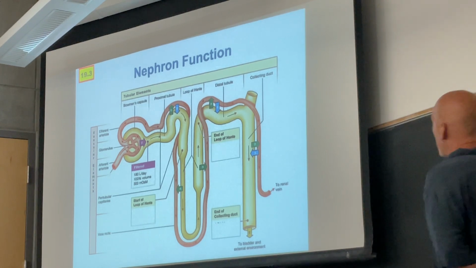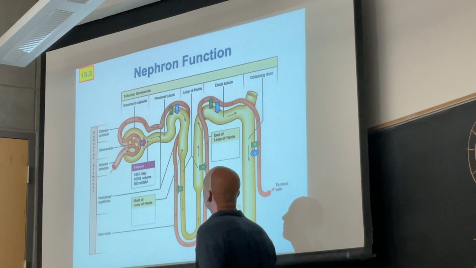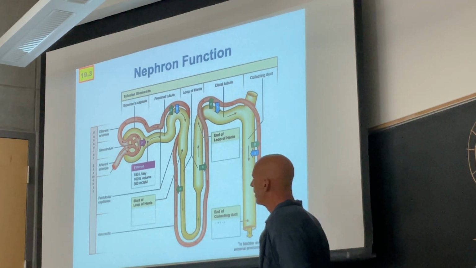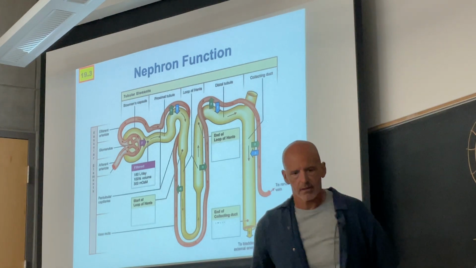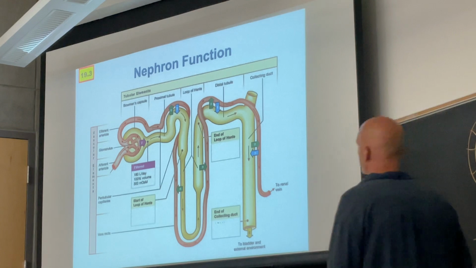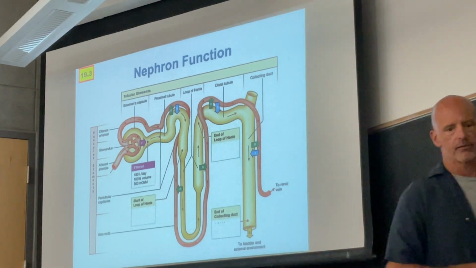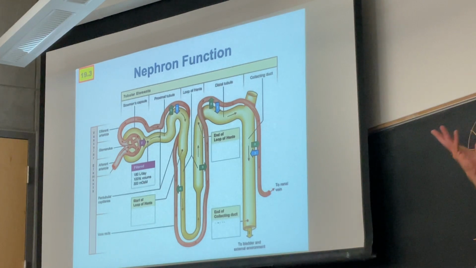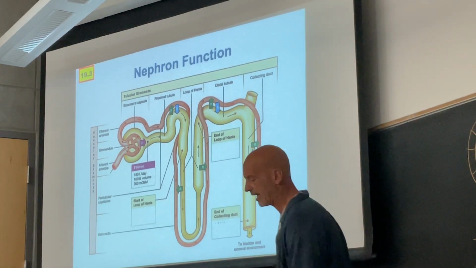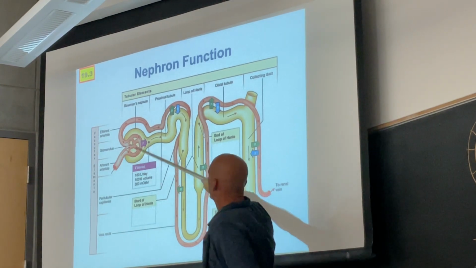So you've got a lot of stuff going through here, a lot of stuff that has to be absorbed. The numbers here: the stuff being dumped into this little Bowman's capsule is being filtered. Your blood circulates through the kidney, about, let's say, 180 liters a day of blood passing through.